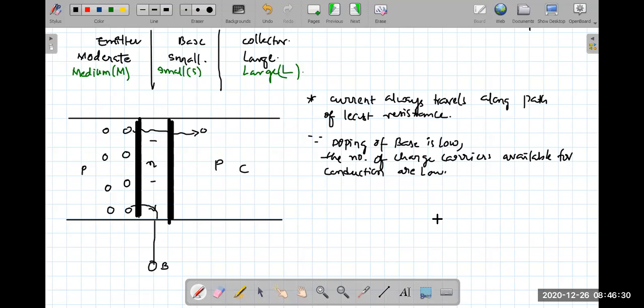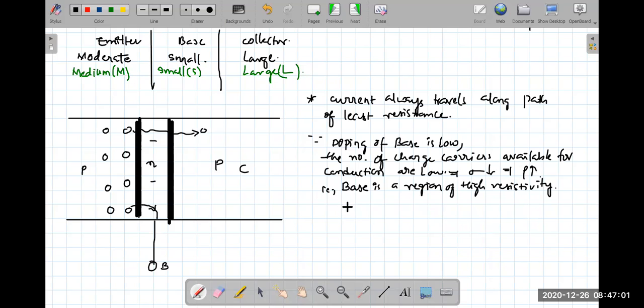Is that right? The number of charge carriers available for conduction is low. This implies conductivity is low. Is that right? That means the resistivity is high. That is, this implies the base is a region of high resistance, high resistivity, compared to the emitter or collector.